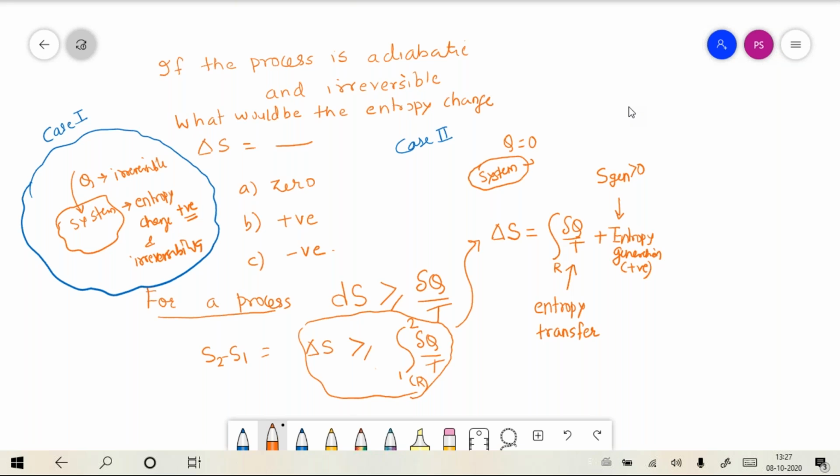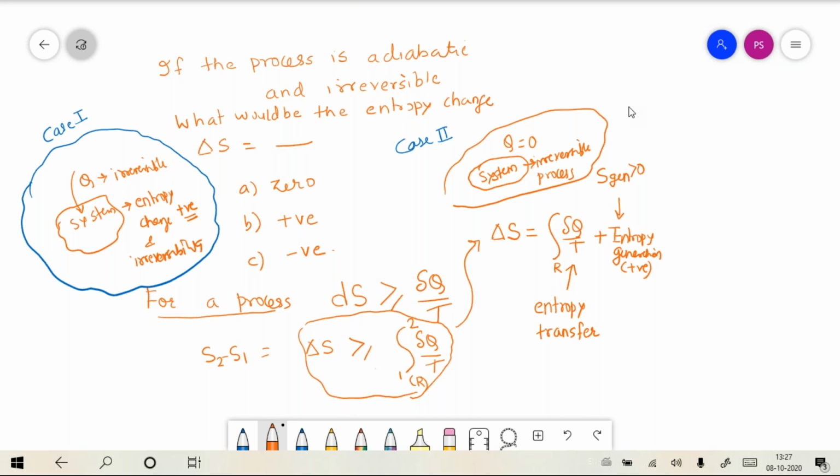In such a case two, the heat transfer is zero. So the entropy change because of heat transfer is zero, because there is no heat transfer, so the entropy will not flow in. However, because the process is irreversible, there would be certain entropy generation.